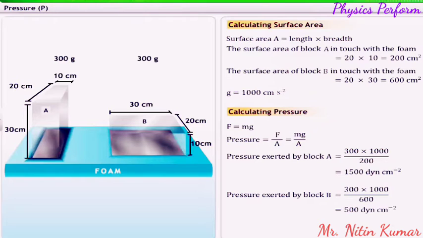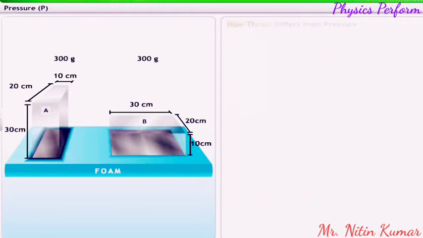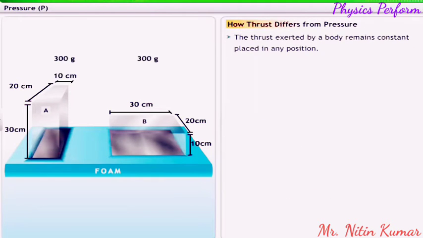Thus, in block A, the same thrust was acting on a smaller surface area. Hence, the pressure exerted by block A was higher. This explains why the foam showed more compression where block A was placed. The thrust exerted by a body remains constant, placed in any position. However, the pressure exerted by the body changes with the change in positions.